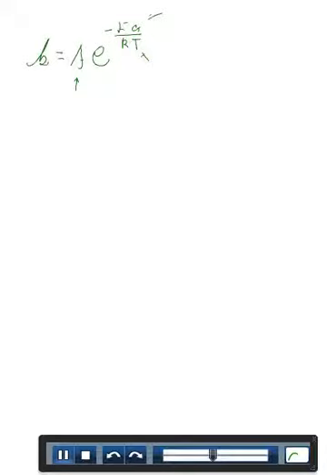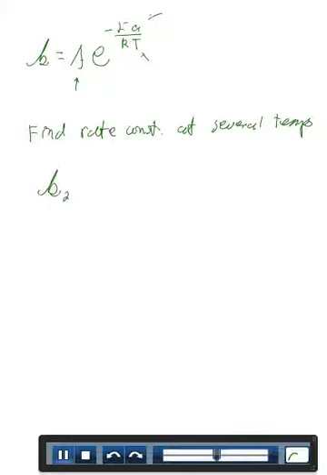One thing that's interesting to do experimentally is to find the rate constant at several temperatures. When we do this, we can take a ratio of rate constants. Say we take the ratio of the rate constant at temperature 2, divided by the rate constant at temperature 1.